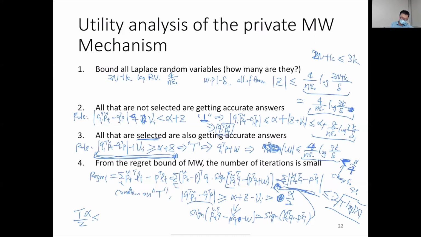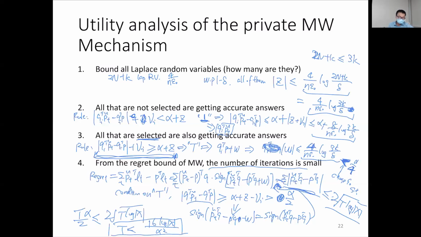So T times half alpha is smaller than 2 times the square root of T log of the cardinality, which gives me T is smaller than 16 times log of X over alpha squared, right? So this is the result that we get. The number of iterations of running the multiplicative algorithm is small. It is 16 log X over alpha squared.